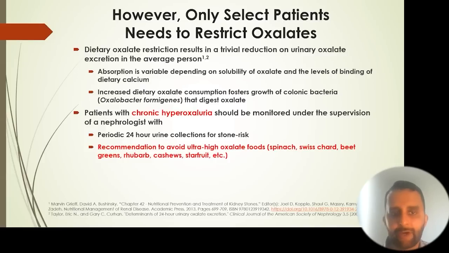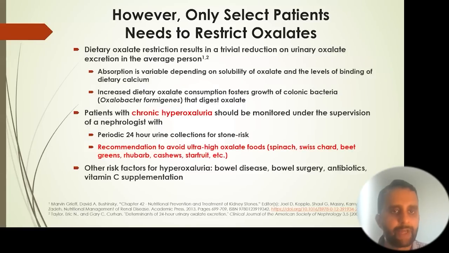These folks do see me in the clinic, and I monitor them and we adjust their diet to reduce the levels of oxalate in their urine. And certainly, if you are someone in this situation, you should consider seeing a nephrologist so you can be monitored appropriately. But it doesn't mean that for the average person, if you eat some nuts or some spinach, you will immediately have a kidney stone. That's not likely to happen.